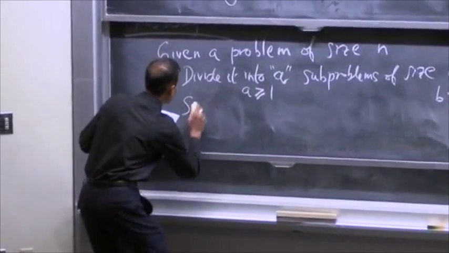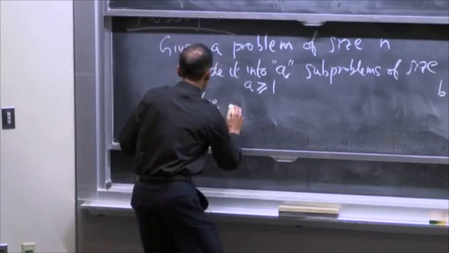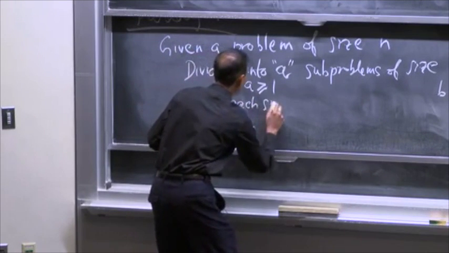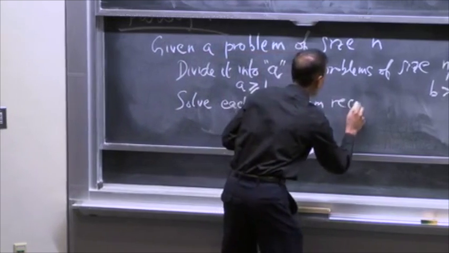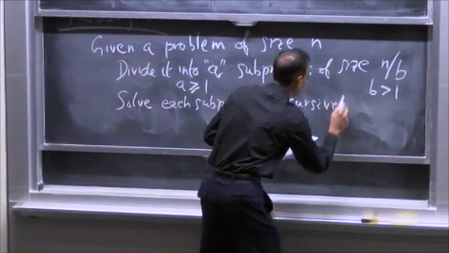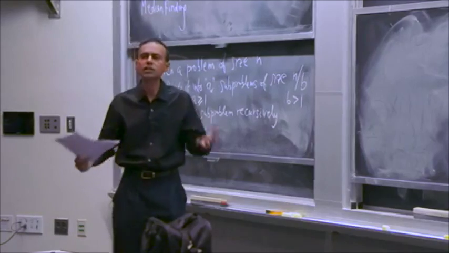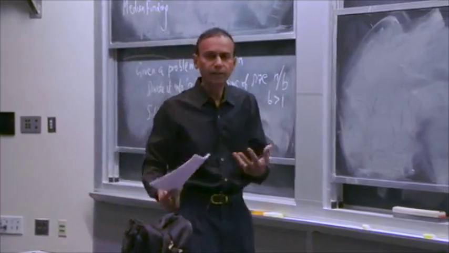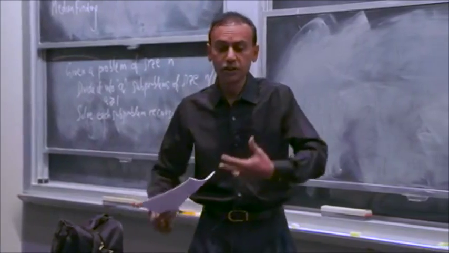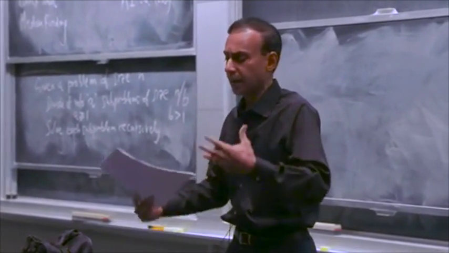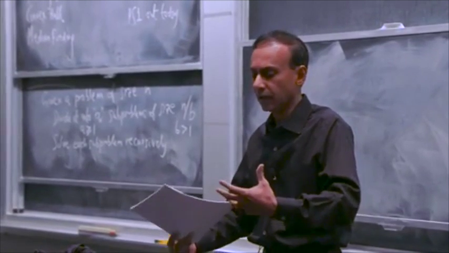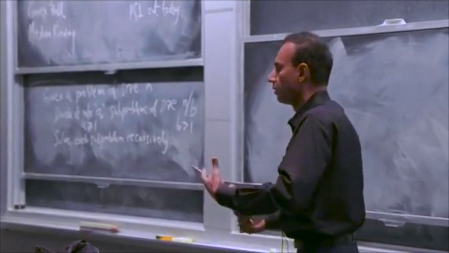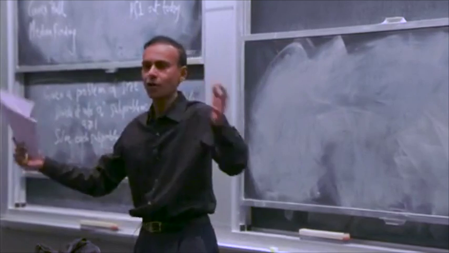And then you solve each subproblem recursively. And the idea here is that once the subproblems become really small, they become constant size, it's relatively easy to solve them. You can just do exhaustive search. If you have 10 elements and you're doing effectively a cubic search, well, 10 cubed is 1,000. That's a constant.